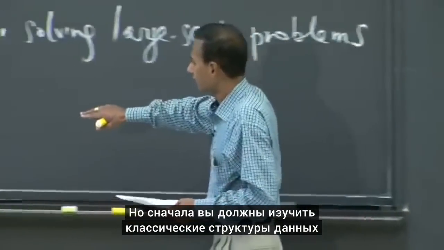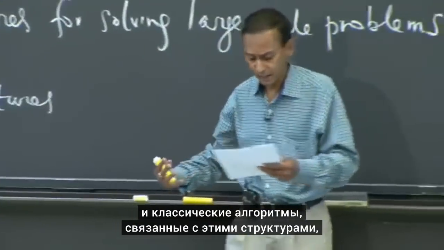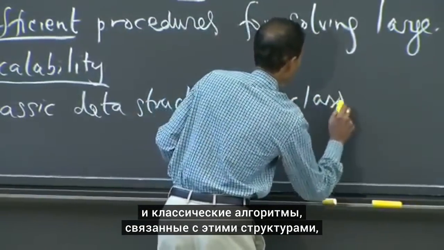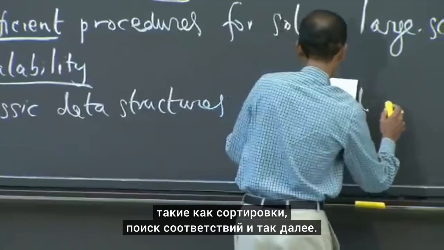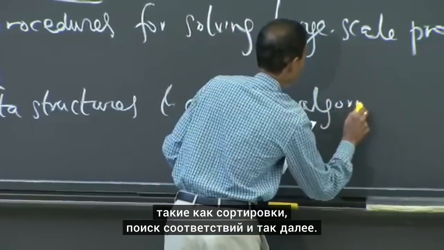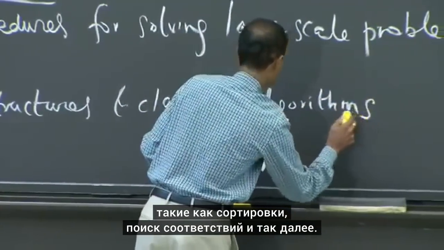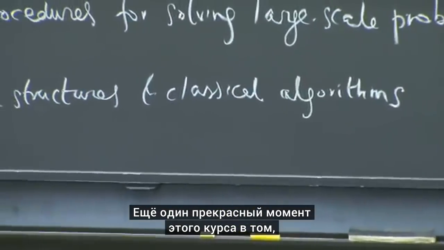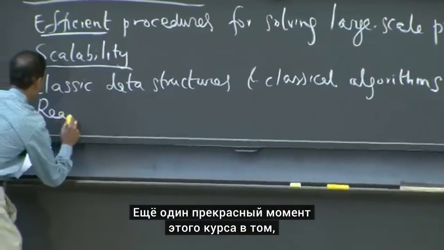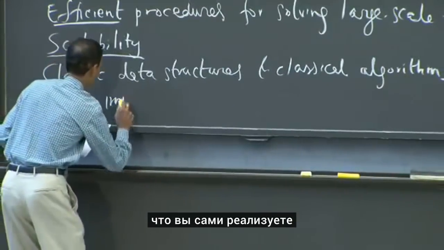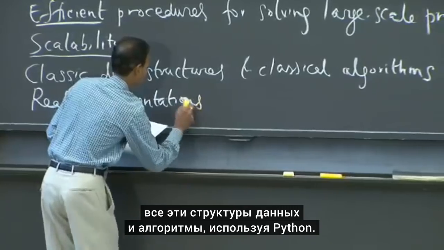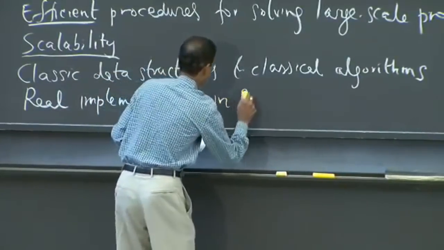But you will look at classic data structures and classical algorithms for these data structures, including things like sorting and matching and so on. And one of the nice things about this class is that you'll be doing real implementations of these data structures and algorithms in Python.